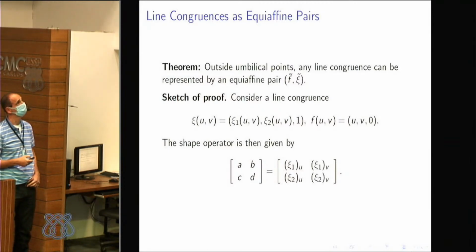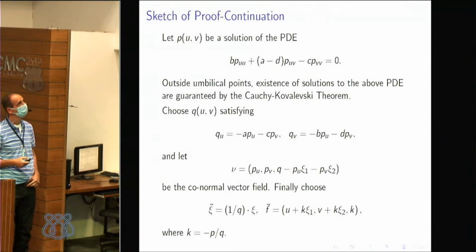But how have we proved this theorem? You consider the line congruence, the shape operator here, and then we look for solutions of this equation. At umbilical points, this is an identity, and we cannot do anything.